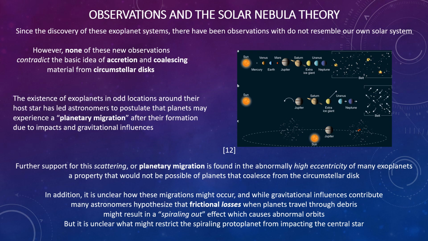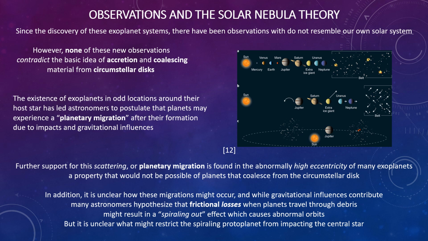We have to remember that using our own solar system as the universal model is probably a bit naive. Many stars form in more dense clusters, and so if you have the gravitational influence of other stars, perhaps you might not form planets in the same way that our solar system did with having just our sun nearby.